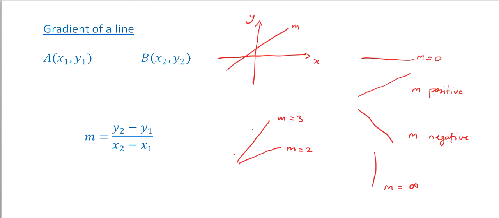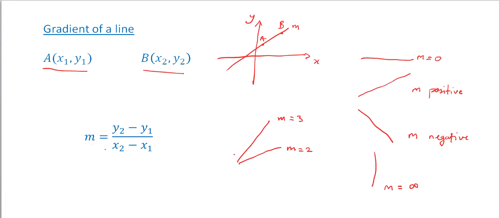Right? So there is a formula to find the gradient of a straight line provided that we have 2 points on the line. So let's say we have a point A and another point B, and the coordinates of A is x1, y1, and the coordinates of B is x2, y2.